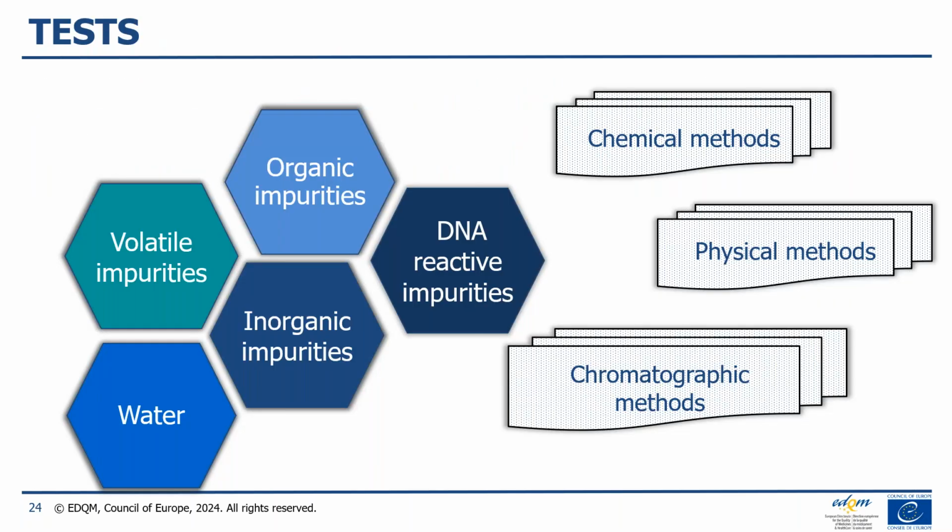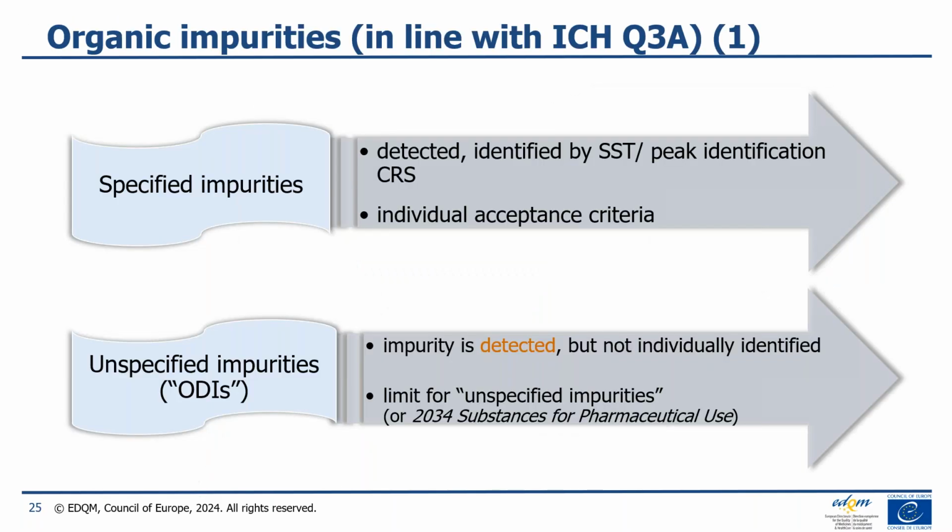The European Pharmacopoeia monographs propose chemical, physical, and chromatographic methods for the control of different impurities: organic, inorganic, volatile impurities, etc. Let us start with the organic impurities, which control is in line with ICH Q3A. There are 2 types of impurities: specified and unspecified, or other detectable.